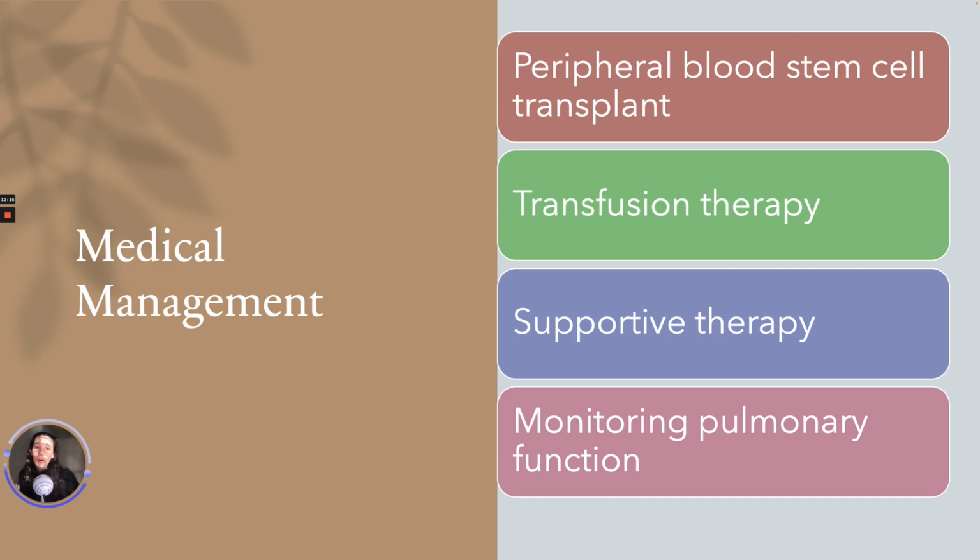We also want to monitor pulmonary function and pulmonary hypertension, which should be treated early if found. Infections and acute chest syndrome, which predispose to crisis, are treated promptly. We should be using an incentive spirometer to prevent pulmonary complications, and they may also use a bronchoscopy to identify the source of pulmonary disease.